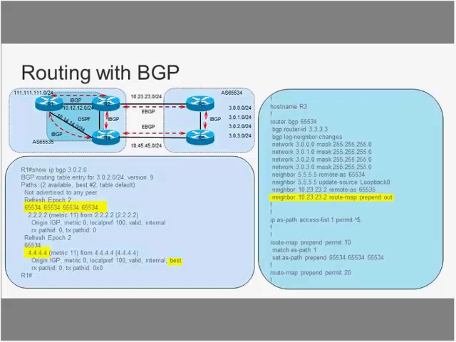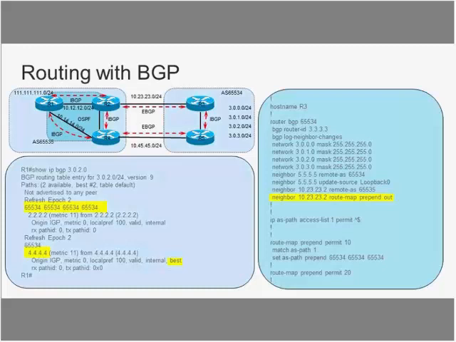Since R1 to R2 to R3 is a smaller path, that will be preferred because it's just two ASs, AS100 and AS200, or different AS numbers that are configured here. Those are private AS numbers.